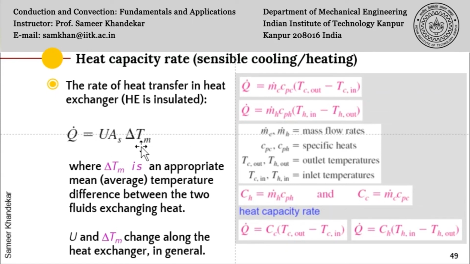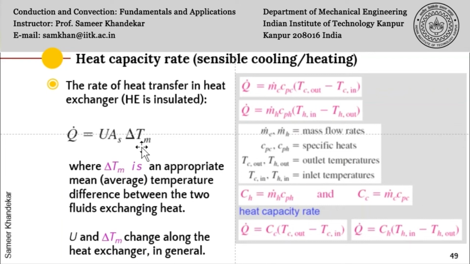Delta Tm is the appropriate mean temperature applicable throughout the heat exchanger. We have seen earlier that the logarithmic mean temperature is the true indicator of the mean temperature, because as you are aware, the mean temperature actually changes in a typical heat exchanger as the fluid flows.